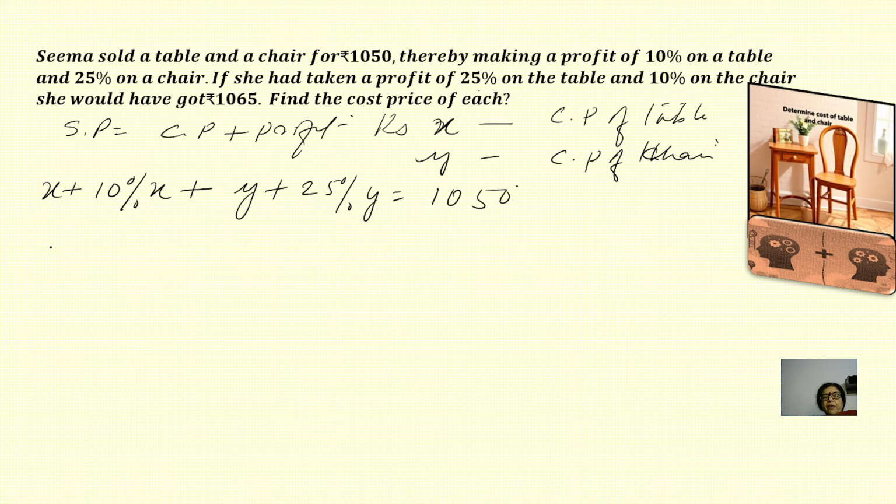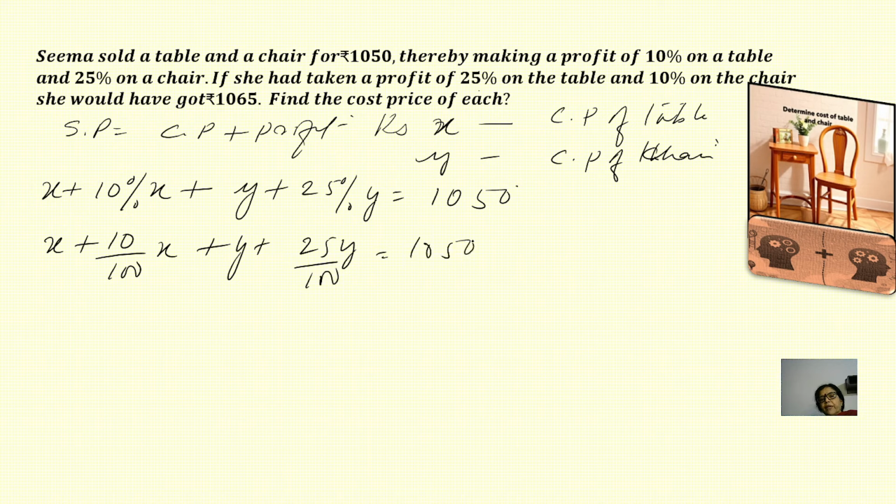Now, if you simplify this, we'll frame the second equation later on. First, let's simplify this equation. So this will become X plus 10% of X plus Y plus 25% of Y is equal to 1050.